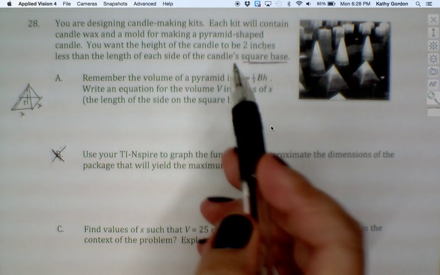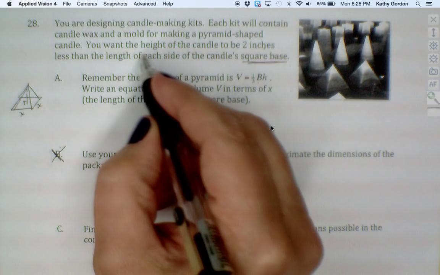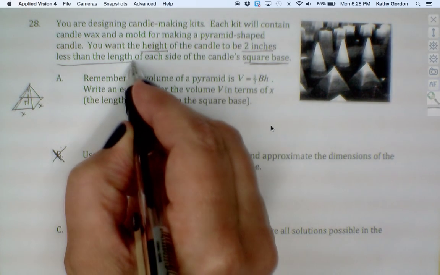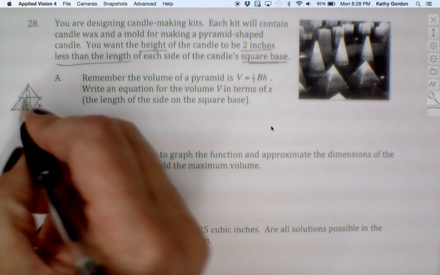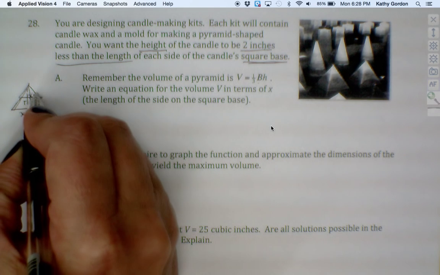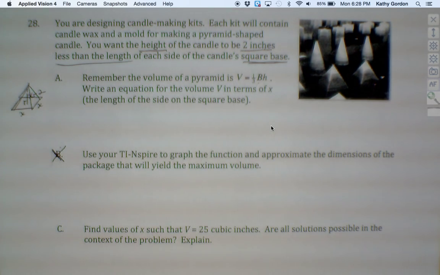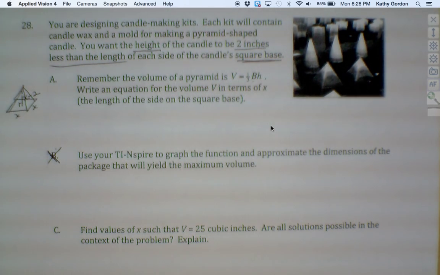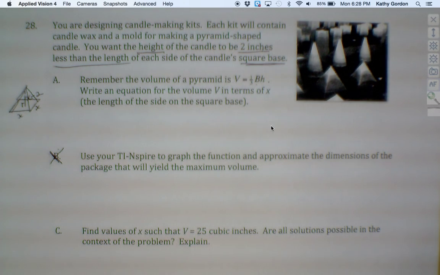So up here, because we're told that the height should be 2 inches less than the length, instead of labeling this h, we want to label it x minus 2. That way everything is in terms of x, and we're not dealing with more than one variable.